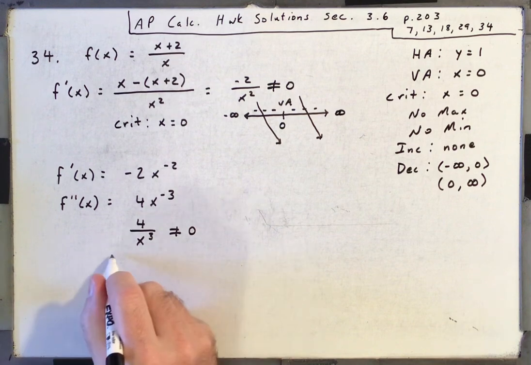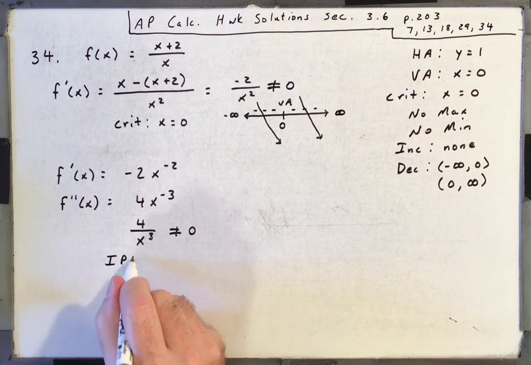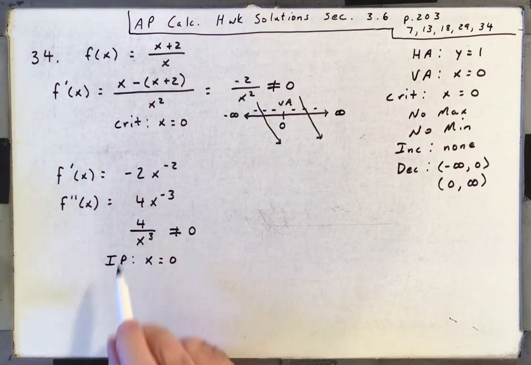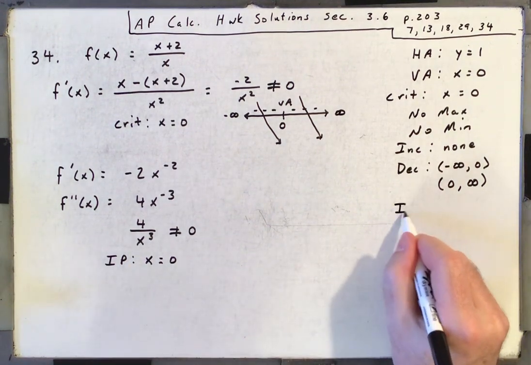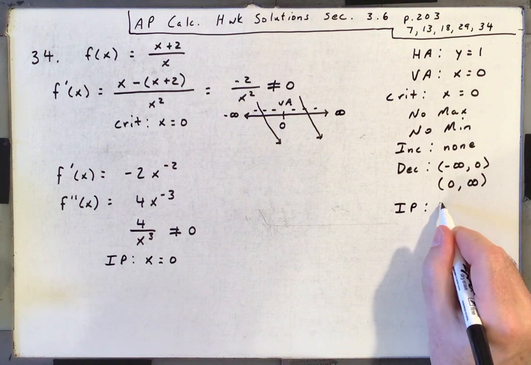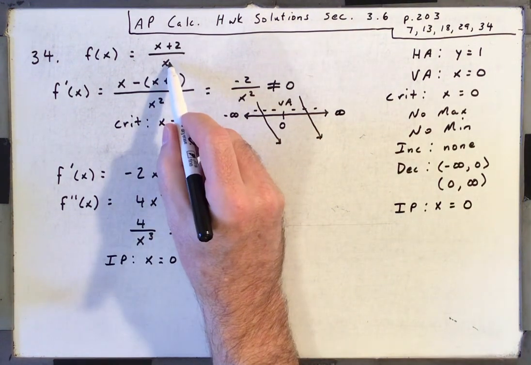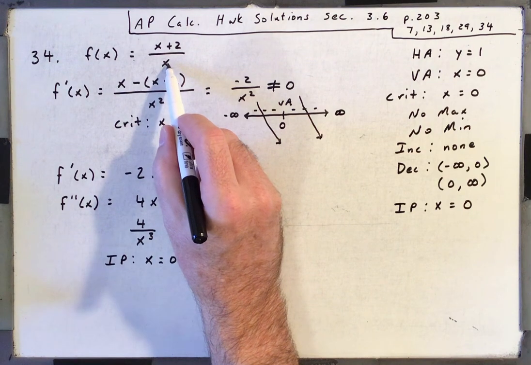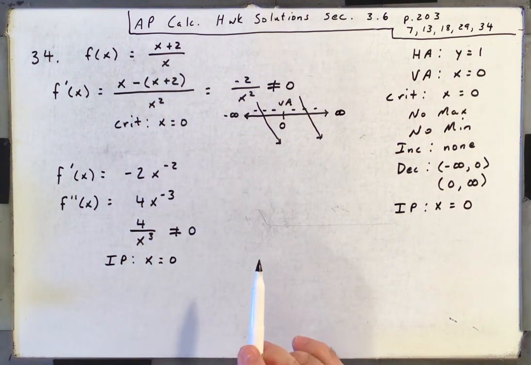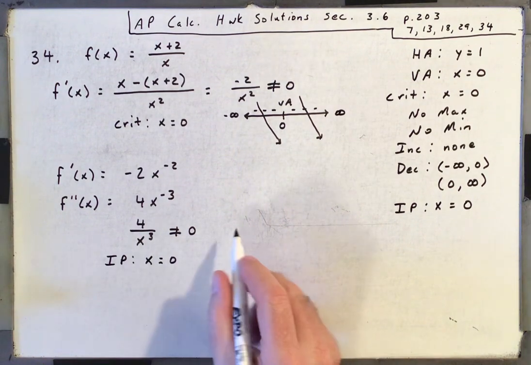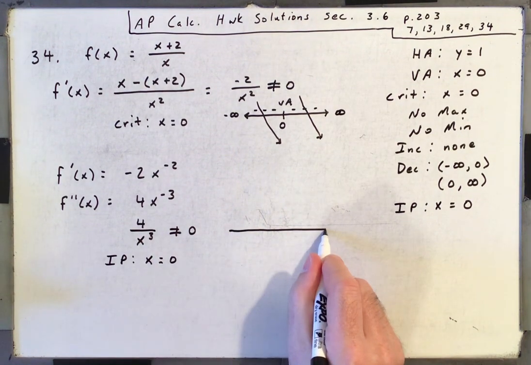But you do have an inflection point at x equals 0, or at least a potential one that we have to test. If you plug in, you don't get a y value for that inflection point because it is at the asymptote, isn't it? It's where the original function has 0 in the denominator, so we're not going to get a y value, but we can have a change in concavity.